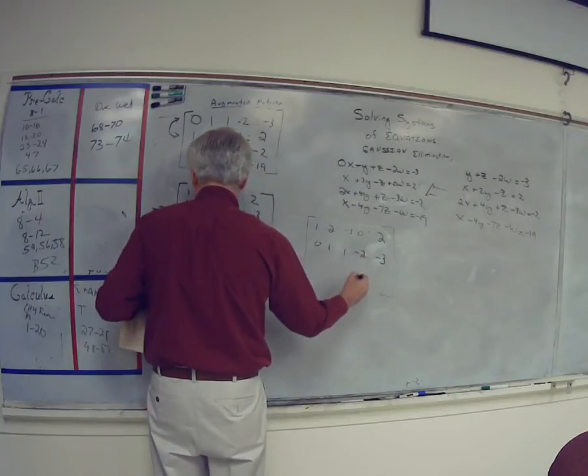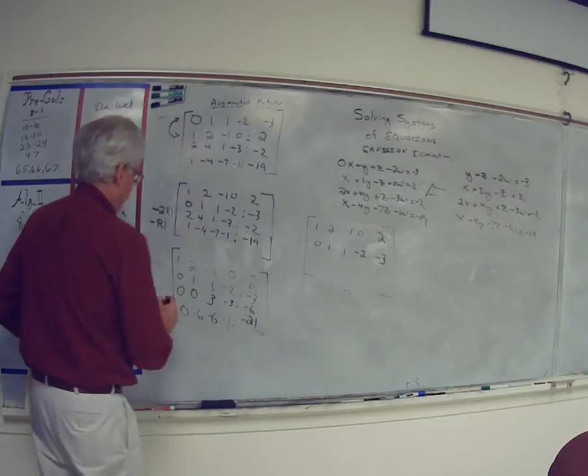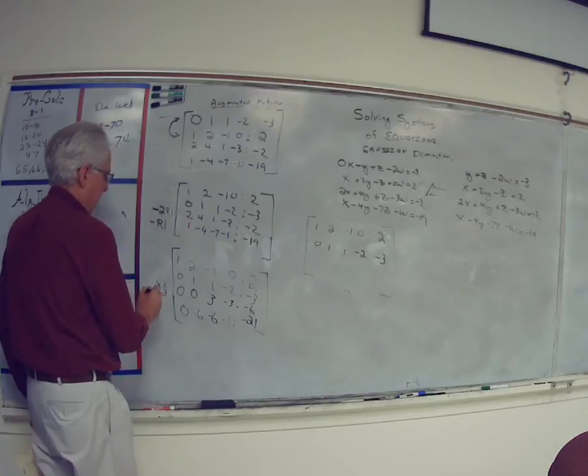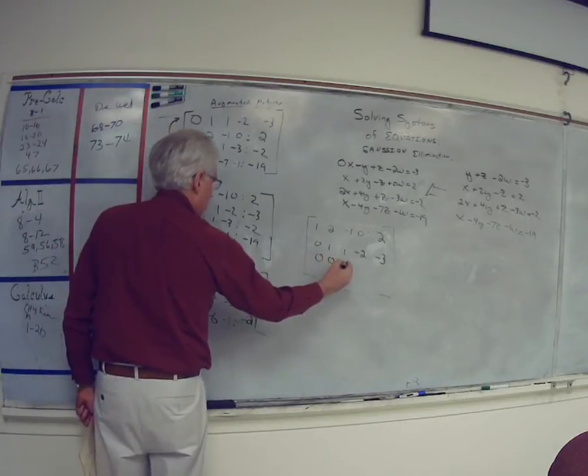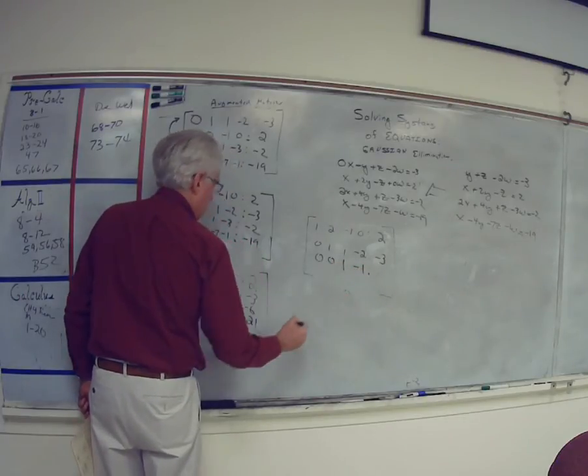Okay, row 3 is the one we're working on. We're going to do row 3 times 1/3. So we'll have 0, 0, 1, negative 1, negative 2.